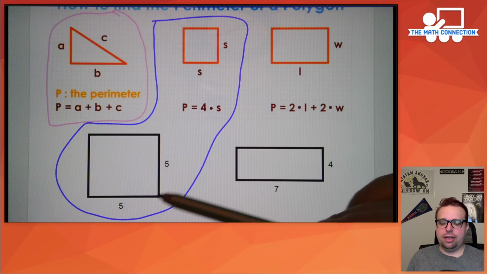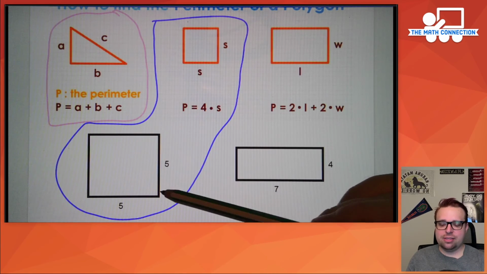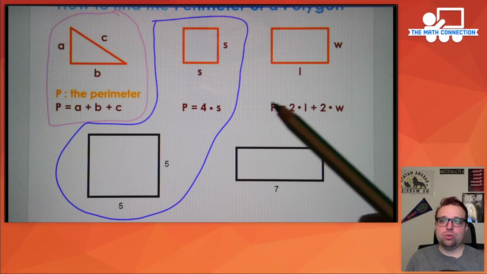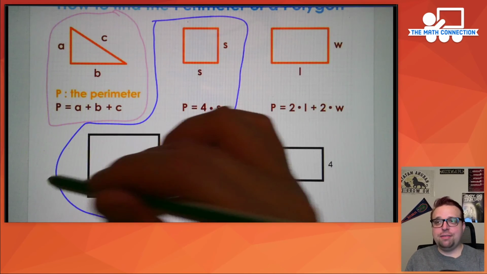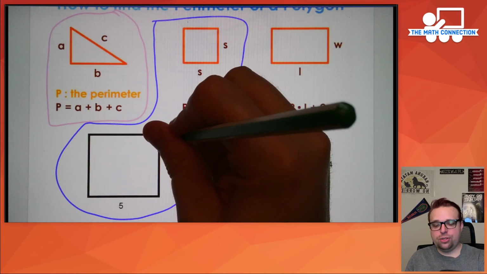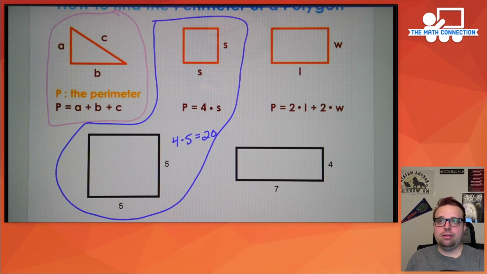This one doesn't, but if the base here is 5 and the width here is 5, this side is 5, it's most likely that the other 2 are also 5, and we're going to assume that they are. It looks like a square, right? So 5 and 5 and 5 and 5, if you add them together, would give me 20, right? But another way to do that would just be 4 times 5, which is 20. Okay, so that's the multiplication shortcut for perimeter of a square.